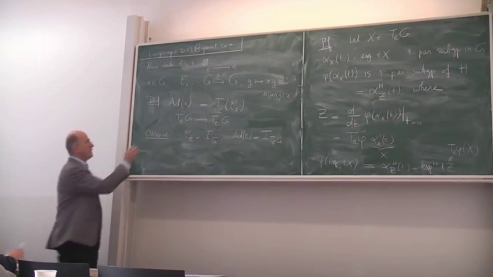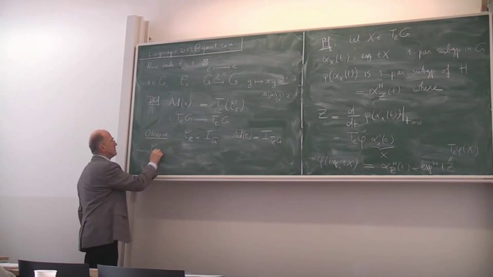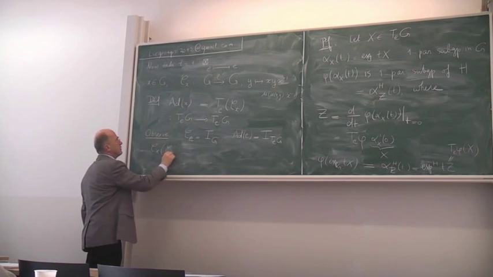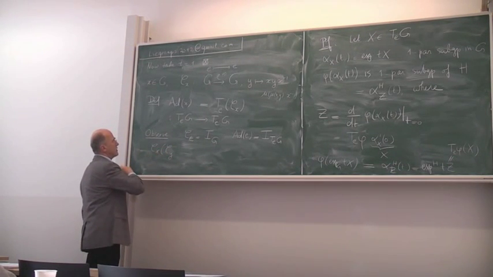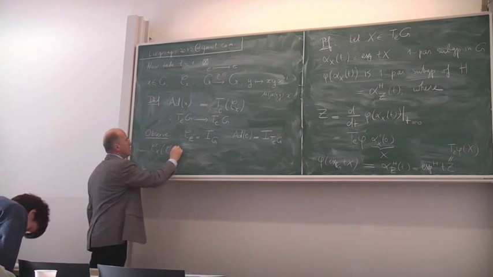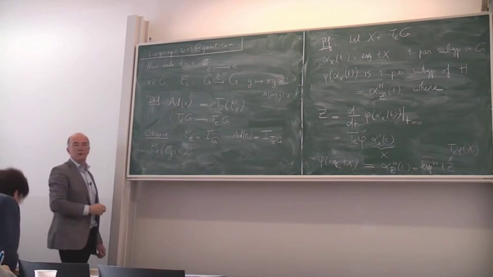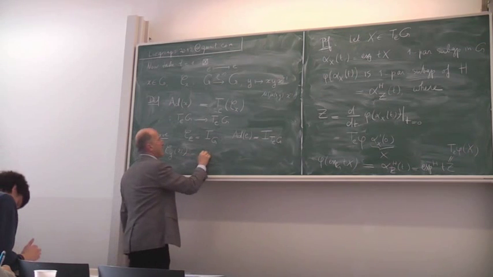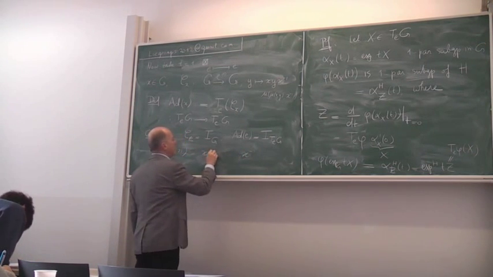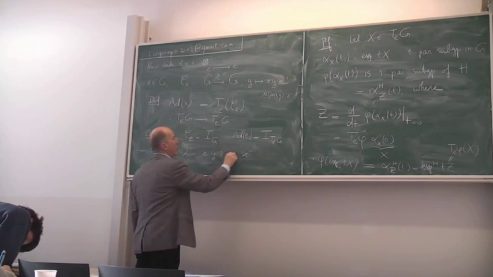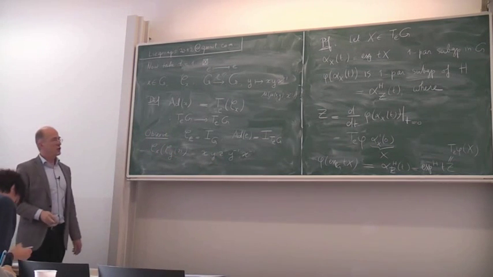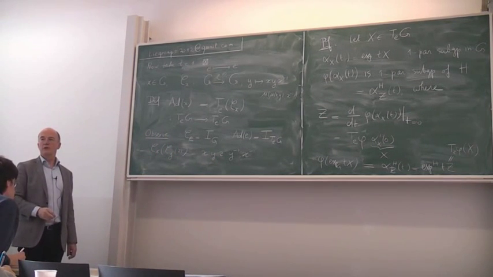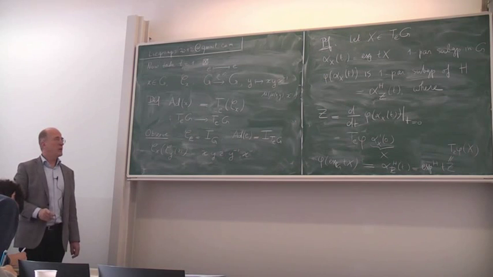But there is more. Suppose that we take first conjugation by an element y and then conjugation by an element x, and suppose that we apply this to z. What do we get? We get x y z y inverse x inverse. And now because of associativity of the group, we can take the brackets wherever we like them.